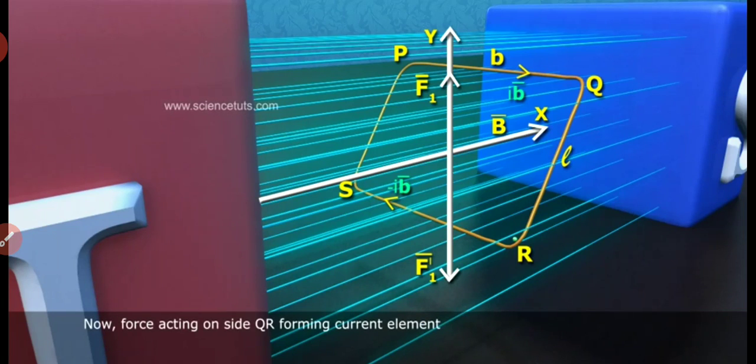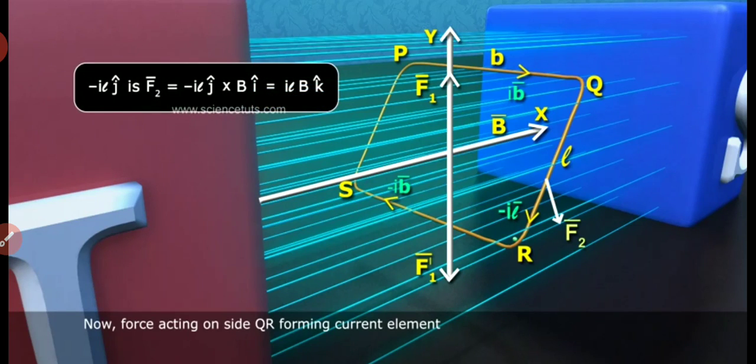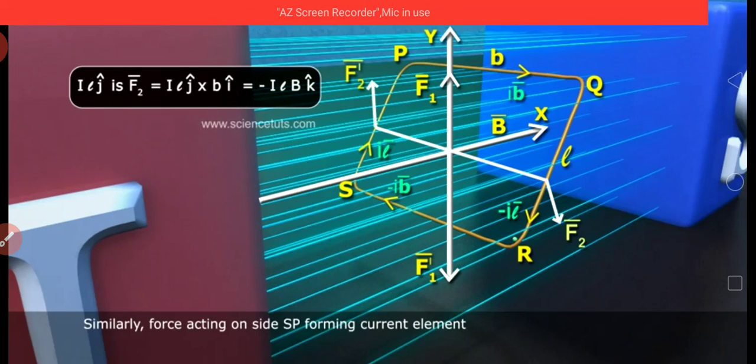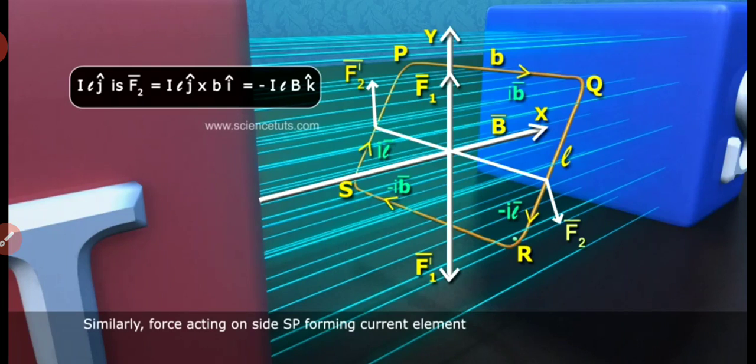Now, the force acting on side QR, forming current element minus I L j cap, is F2 bar equals minus I L j cap cross B i cap equals I L B k cap. Similarly, the force acting on side SP, forming current element I L j cap, is F2 dash bar equals I L j cap cross B i cap equals minus I L B k cap.